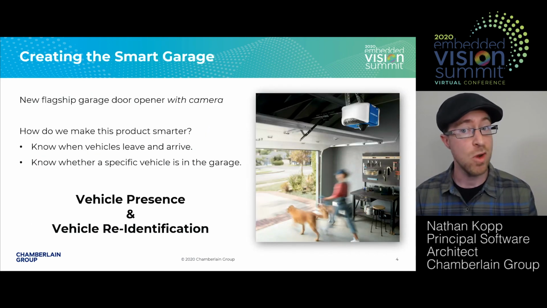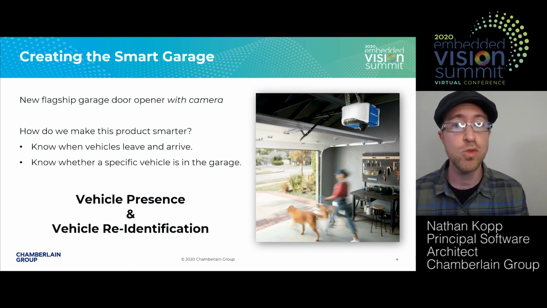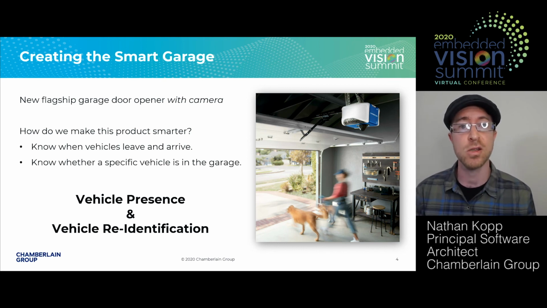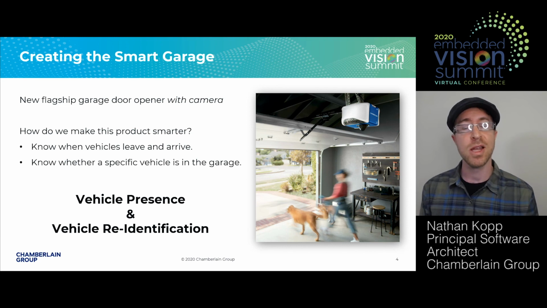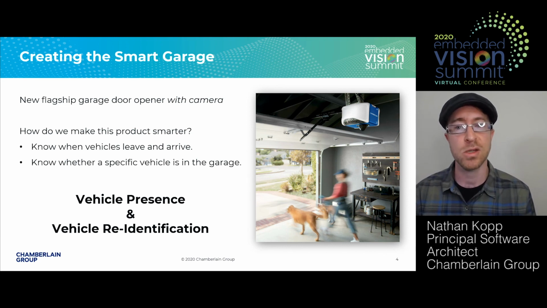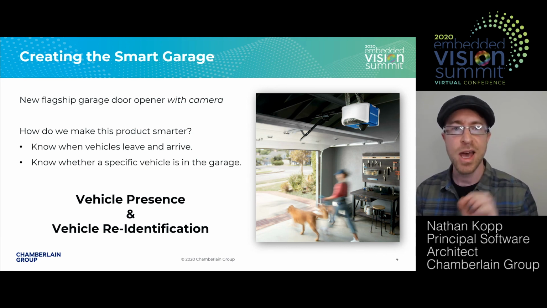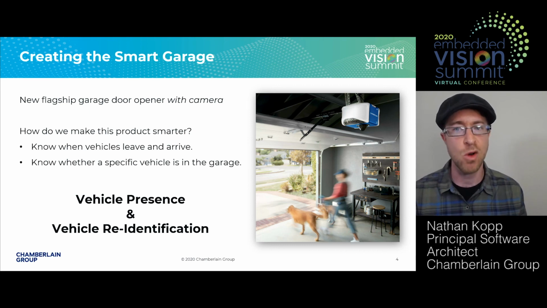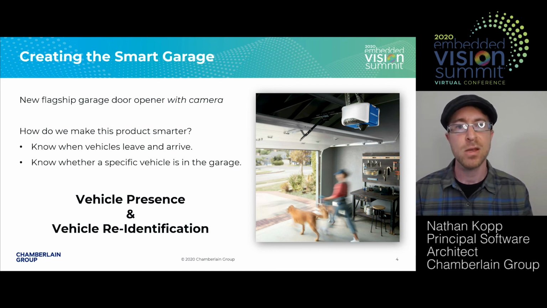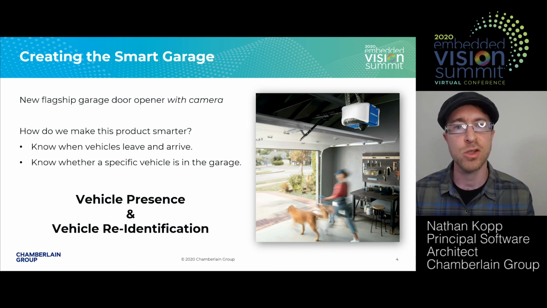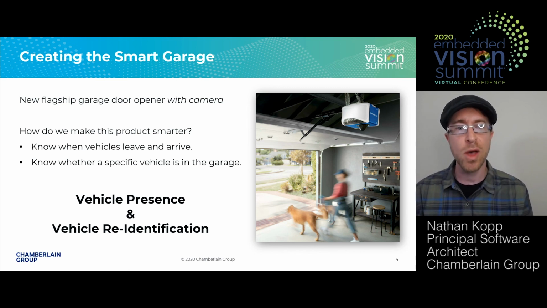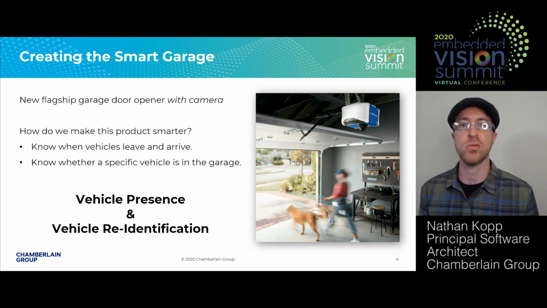So, creating the smart garage. Well, recently we launched a new flagship product, which is a garage door opener that has a camera built into it. And we've been thinking, how can we make this product smarter? There's a couple pieces of knowledge that we think we are well suited and uniquely positioned to provide to our customers.